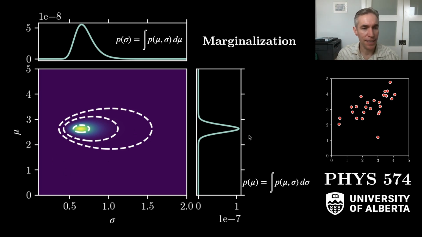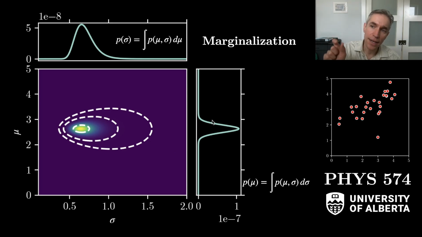So in this case here, this marginal plot is supposed to show the posterior distribution of mu, and all I do is I integrate it over the x direction. In that case, that's the sigma parameter. I integrate it over that, and I get this nice distribution here.